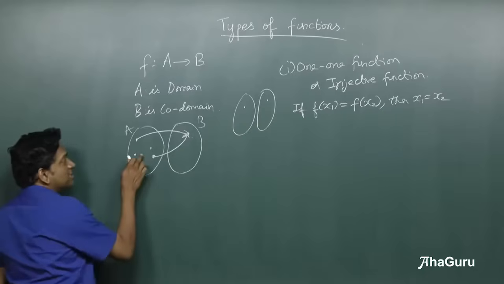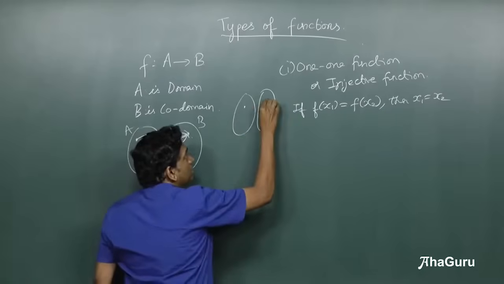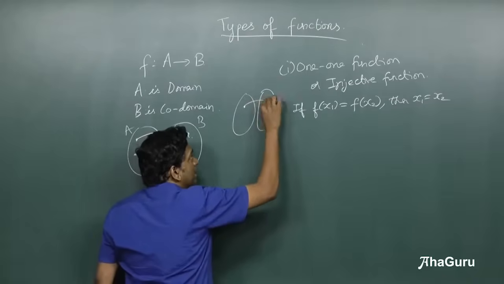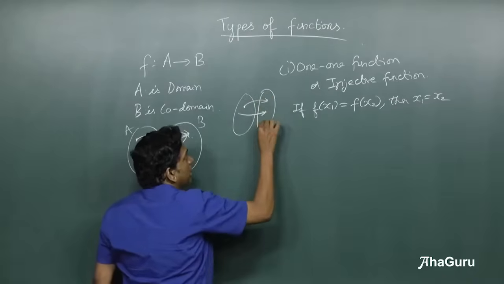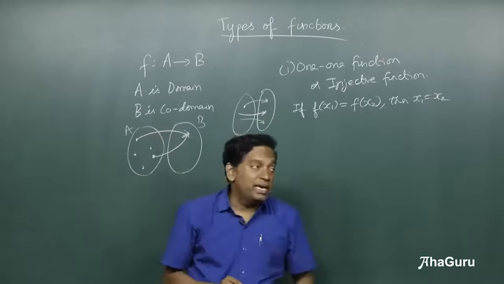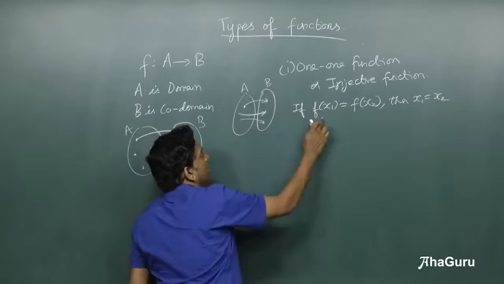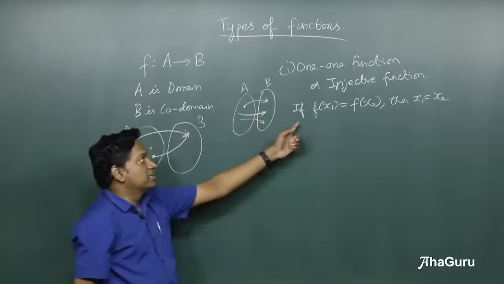So this is not allowed in an injective function. In an injective function, to one element there can be only one arrow. So you can have only one arrow leading into every image in the codomain set B.